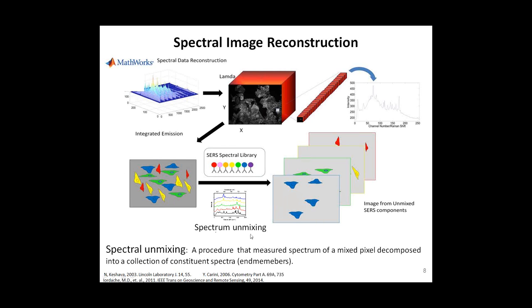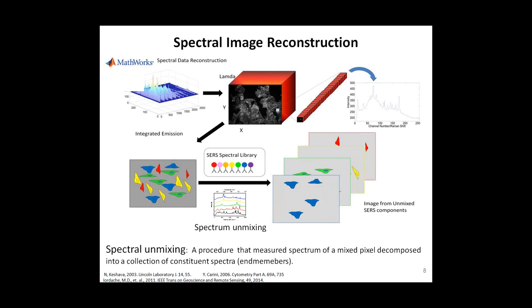Therefore, we use a spectral unmixing technique, which is a procedure that measures the spectrum of a mixed pixel and decomposes it into different components. We also call them end members, and reconstruct them into images of each SERS channel, as you can see here. I color-coded them in different colors just for identification.